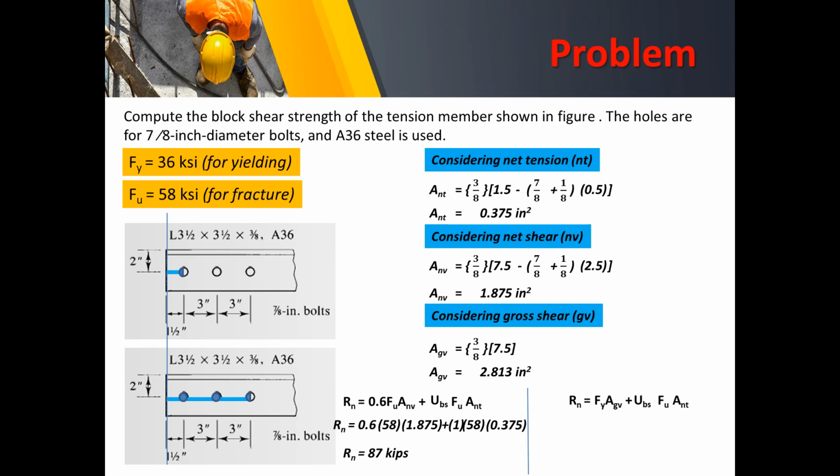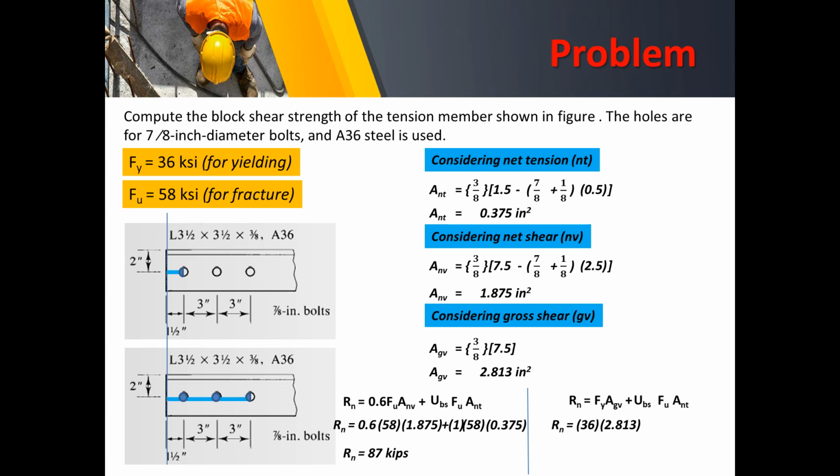And 0.6 here shall be included in the equation for the first term. Once again, we have dealt with Fy Agv for the first term. And of course, there will be the factor Ubs here, just the same. Hence, we just apply this equation.